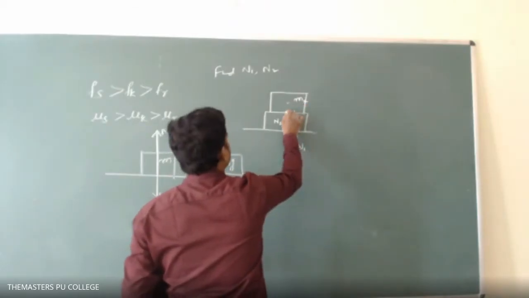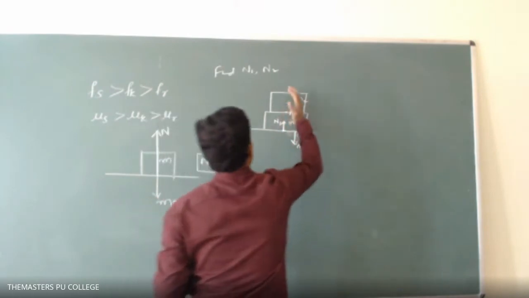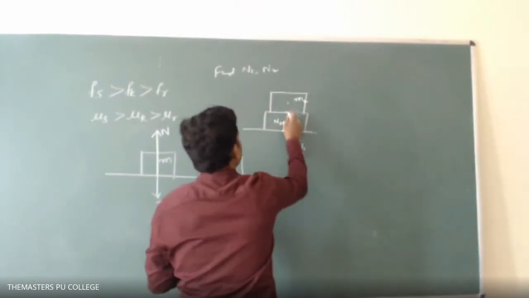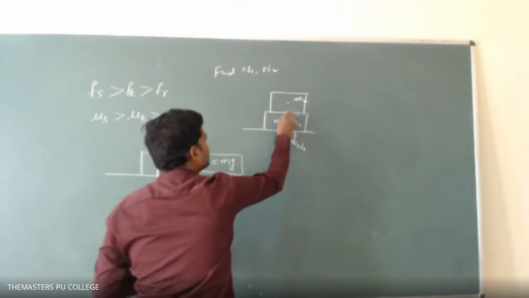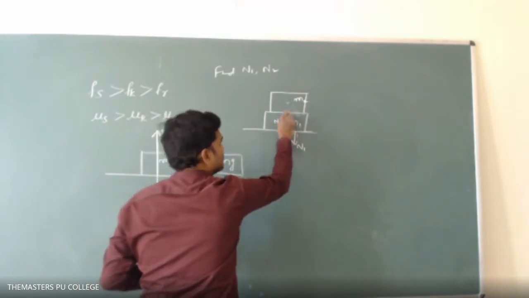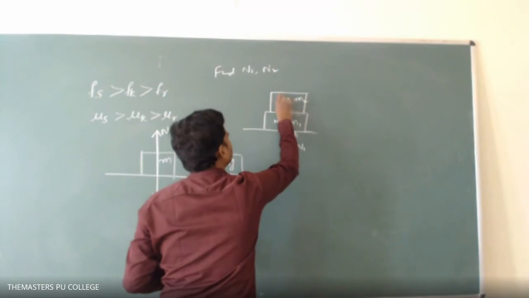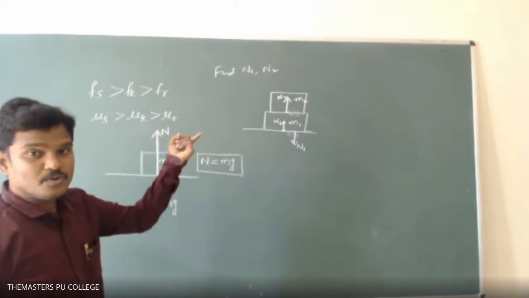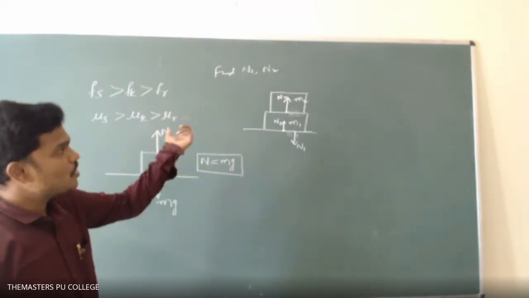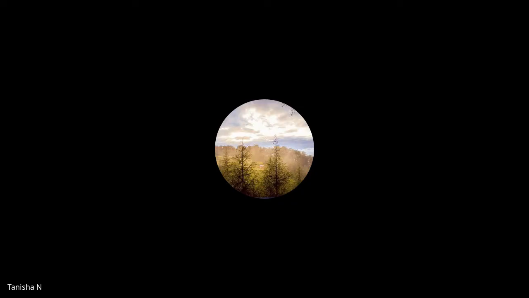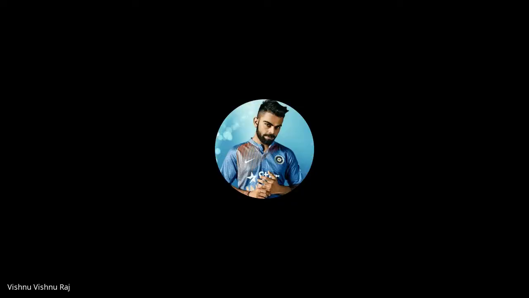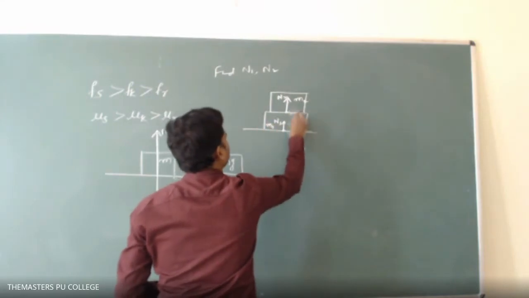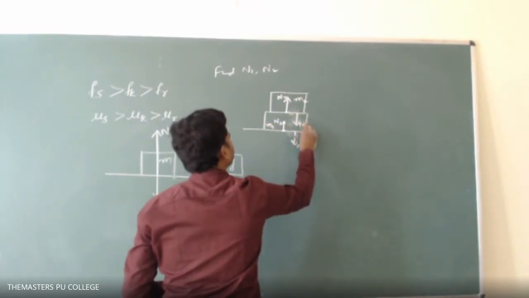Then you think about N2. N2 starts from here. On M2 it is acting. This is the action force. Tell me, the reaction is on where? Is it on M2 or M1? On M1. Very good. This is the M1 body. Do you follow the directions?